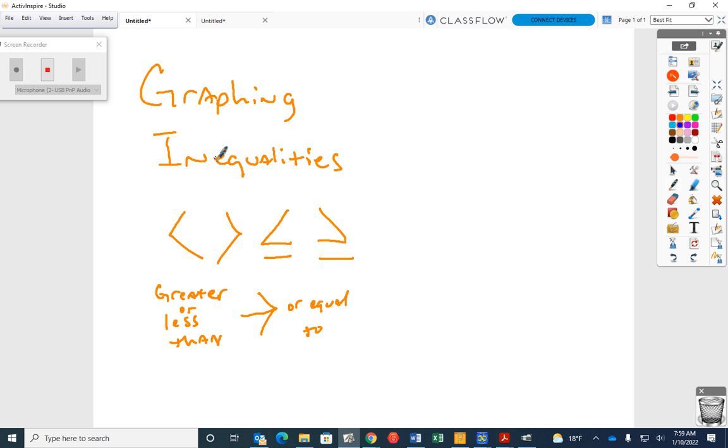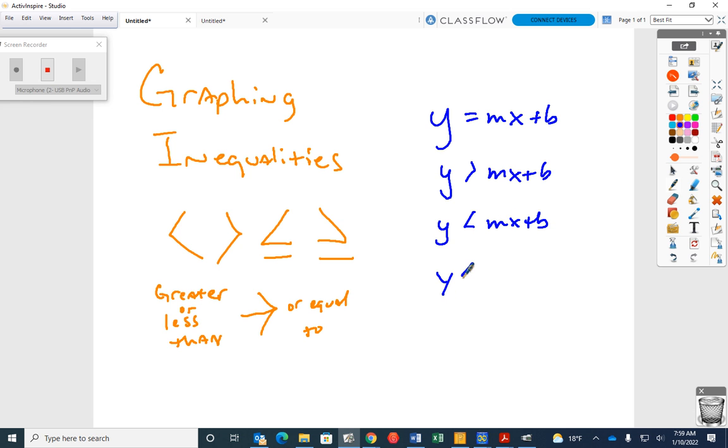So if we have something like y equals mx plus b, and this is replaced with this or this or this or this, we graph all of these the exact same way.